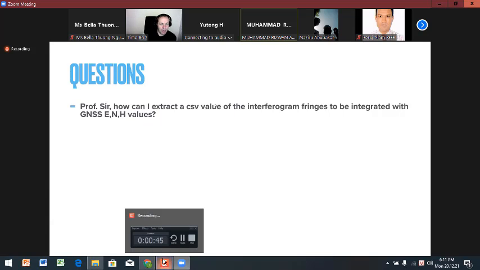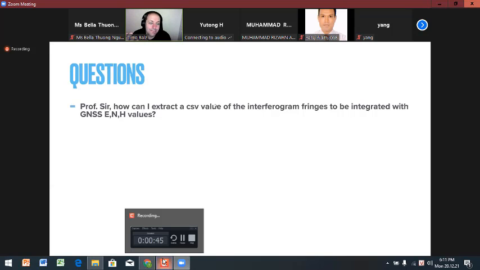Okay, how can I extract a CSV value of the interferogram fringes to be integrated with GNSS values? Now, I'm not sure. What is the CSV value that you're looking at?